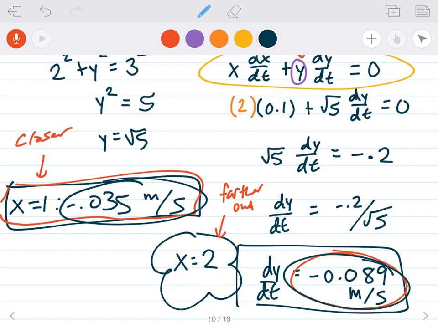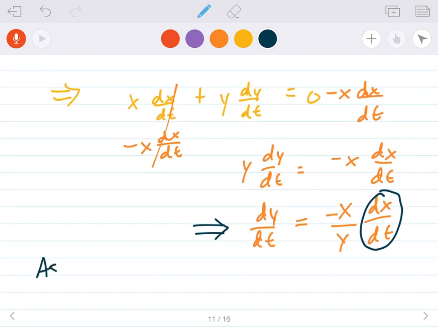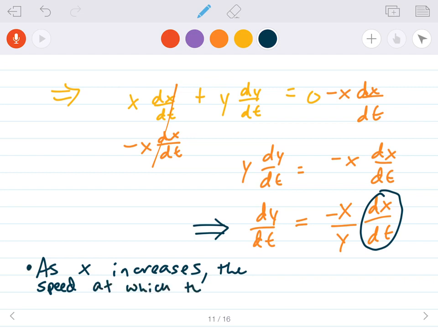And so what we can say with confidence is that as x increases, the speed, so how fast the ladder is falling, the speed at which the ladder is falling vertically is increasing.